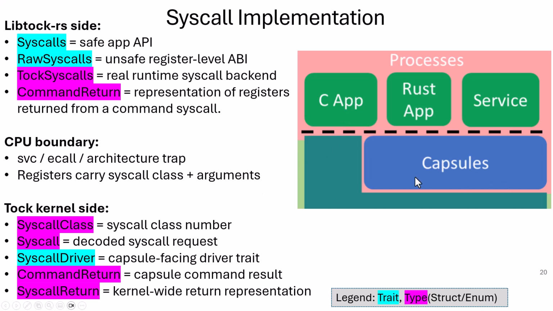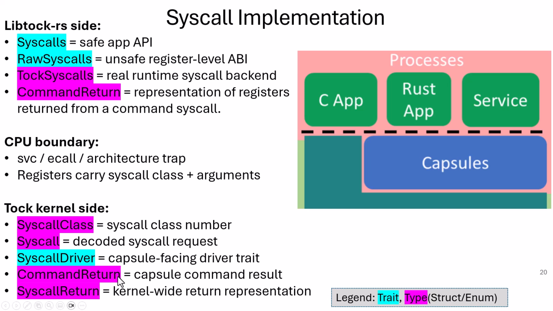On the Tock kernel side, down here, a couple of interesting traits and data types would be the Syscall class that has the number of the syscall, and also the decoded syscall request.